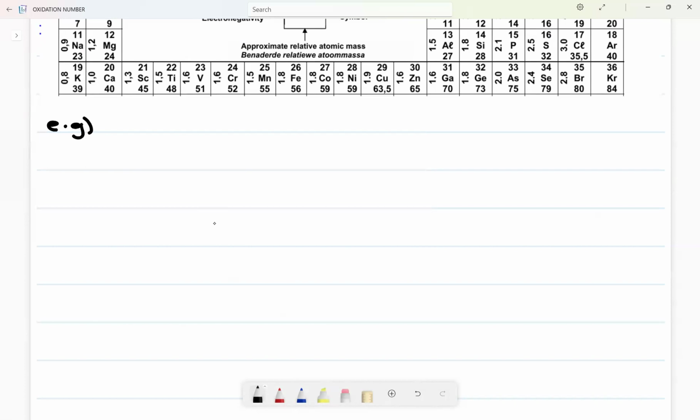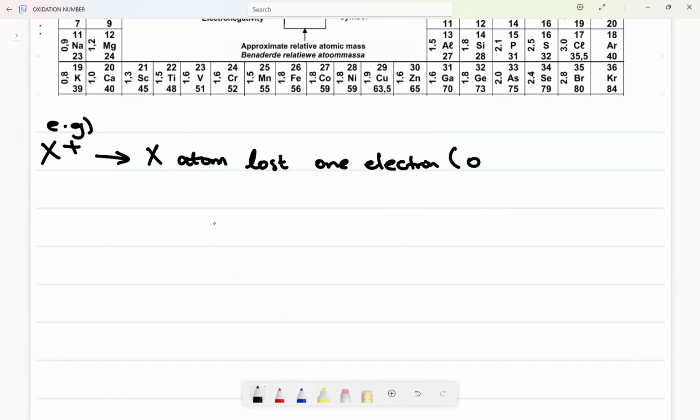consider X plus. X plus tells you that the X atom lost 1 electron, and its oxidation number is equal to... Now, I want you to take note of this.